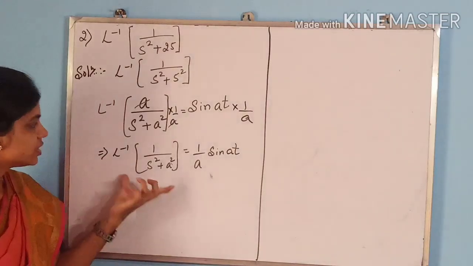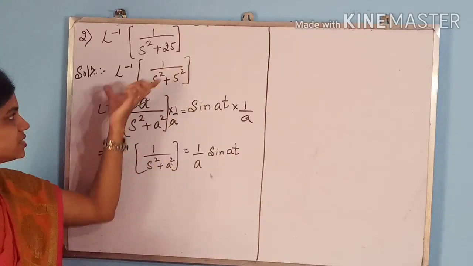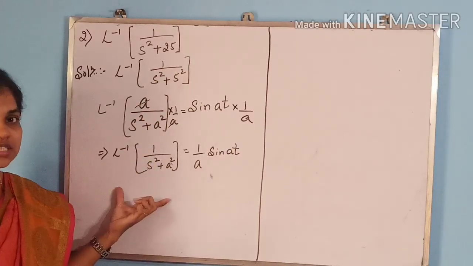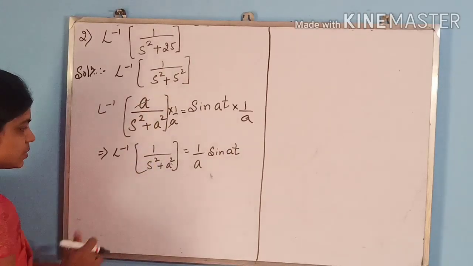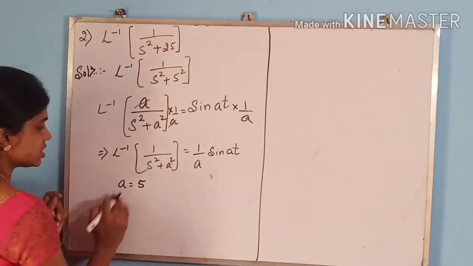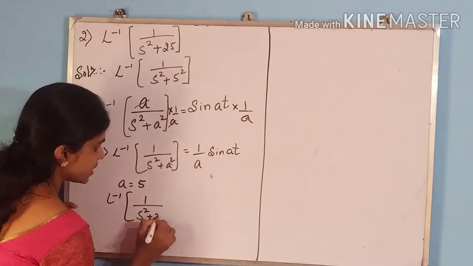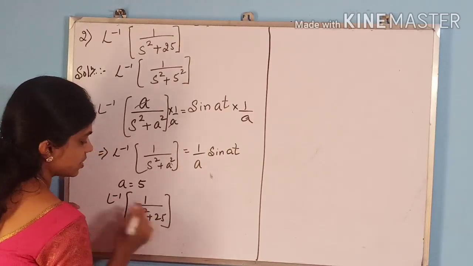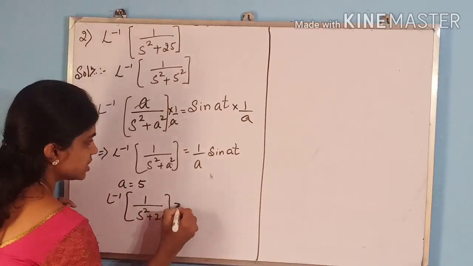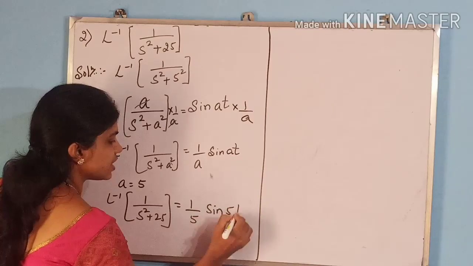So now compare both of them. Isn't it the same? Yes, it is, right? So what is a now? A is 5. So substitute it. So Laplace inverse of 1 by s square plus 25, or you can say 5 square, is equal to 1 by 5 sine 5t.